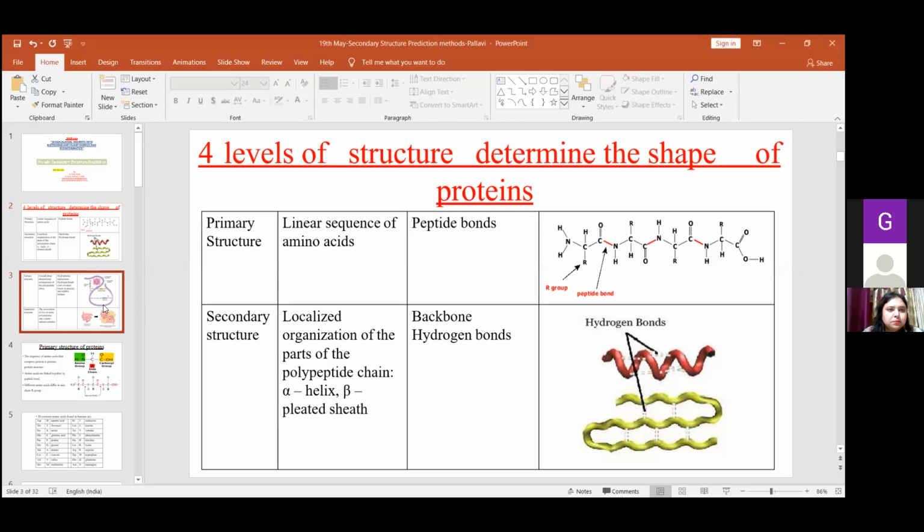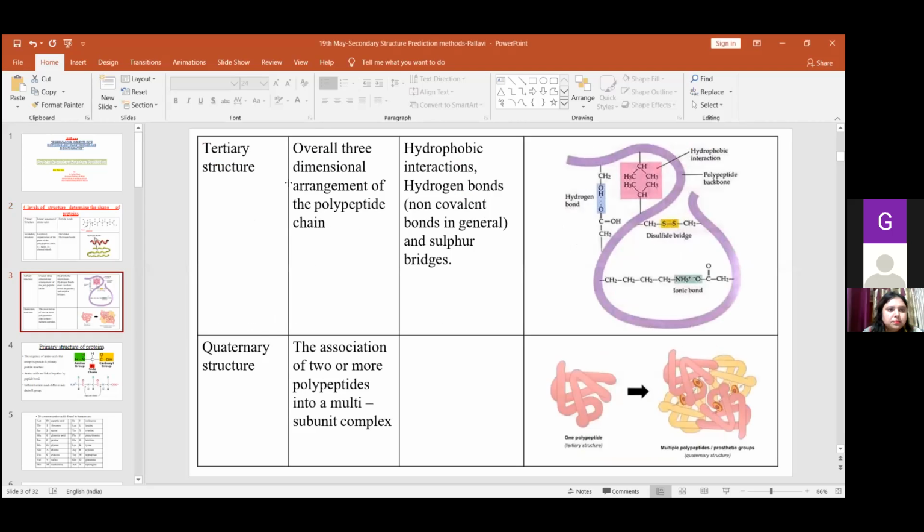Further, the secondary structure of the proteins is arranged in a three-dimensional form by means of hydrophobic interactions and hydrogen bonds and sulfur bridges. So this forms the tertiary structure, as you can see here, that the moment disulfide bonds come into interaction, hydrophobic interactions are occurring between the amino acids, then the proteins form a three-dimensional structure known as tertiary structure of proteins.